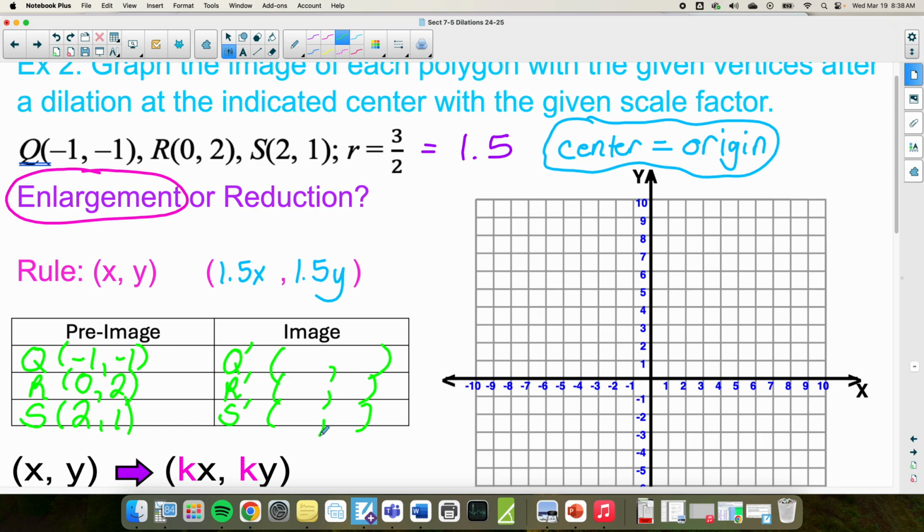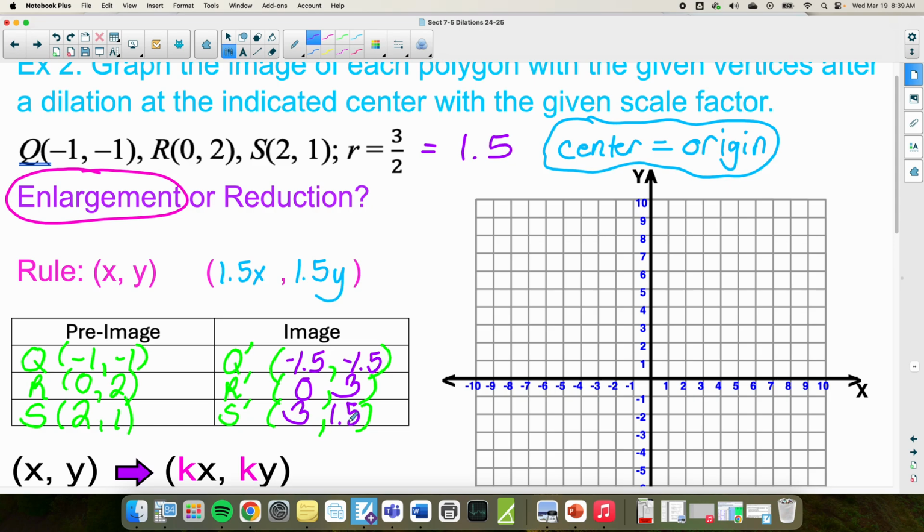So if I multiply 1.5 times -1, I get -1.5. If I multiply 1.5 times another -1, I'm gonna get -1.5. For the second one, 1.5 times 0 is 0. 1.5 times 2 is 3. 1.5 times 2 is 3. 1.5 times 1 is 1.5.